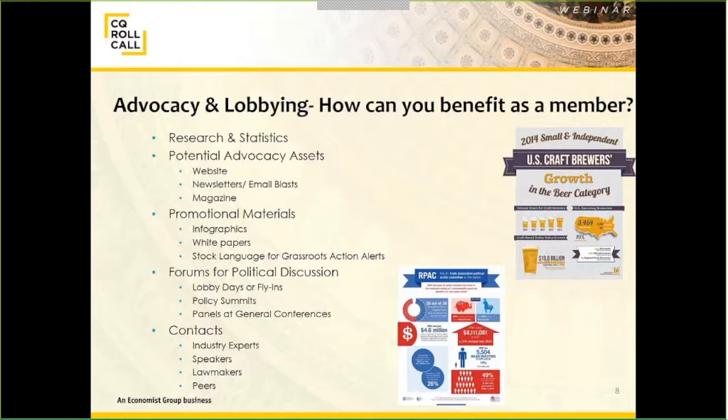Promotional materials, as I mentioned, infographics, white papers, stock language for grassroots action alerts. So sometimes we're trying to maximize our reach and get an active presence in grassroots advocacy.